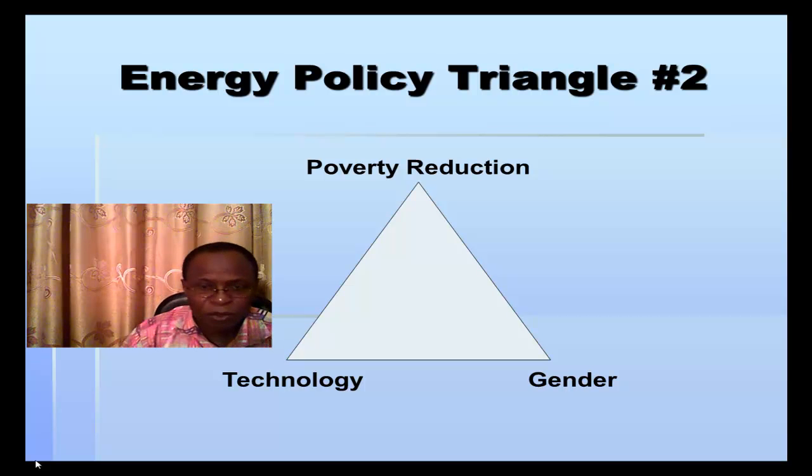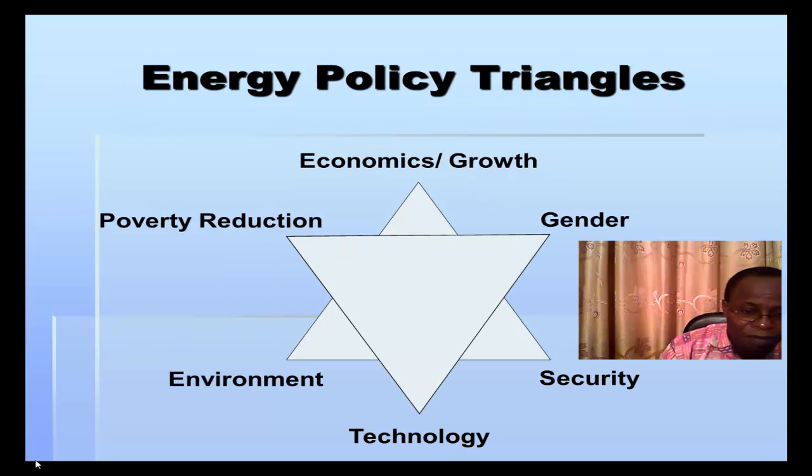So these three issues become very important in the developing country context, and therefore it has led people, like myself, to put forward the concept of energy policy triangles, building on this Star of David-like configuration of the triangles, where at the core of it is the economic growth, security and environment, but superimposed on that is the gender, poverty reduction and technological development or technological capacity building, which becomes extremely important, especially in developing countries.